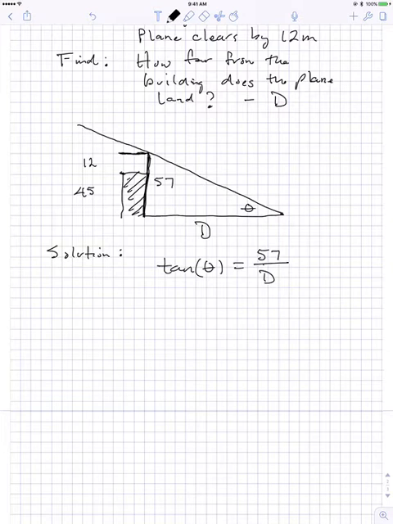So all we need is the tangent of theta. Well, don't we really know that? Because this slope here has a rise of 1 for every run of 12. That's what glide ratio means. So that's the slope of that line.